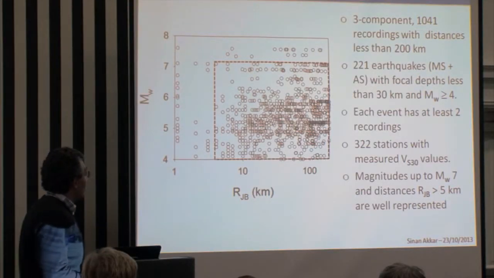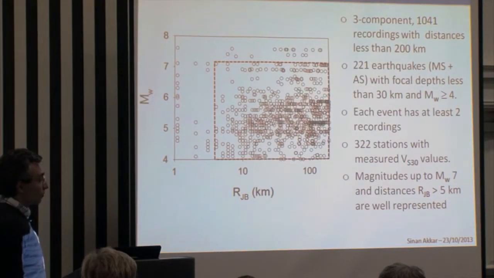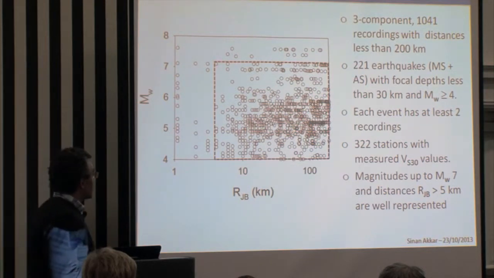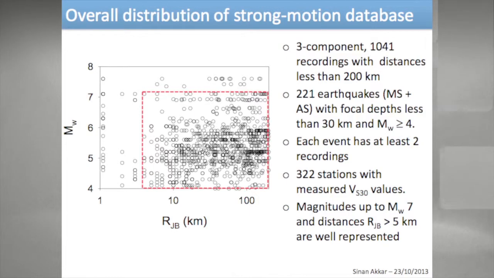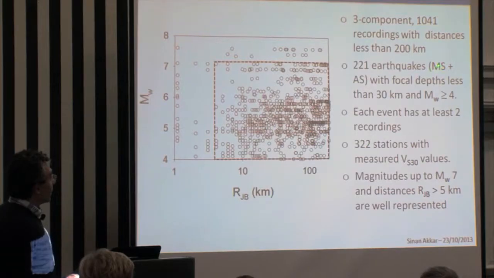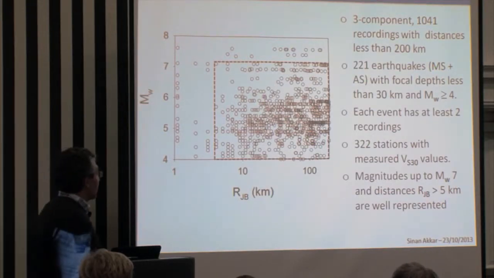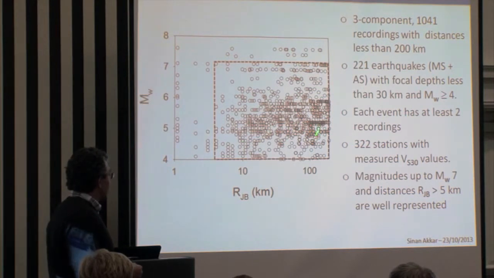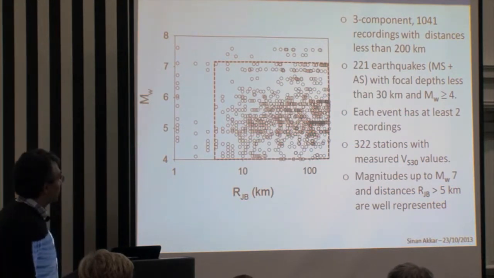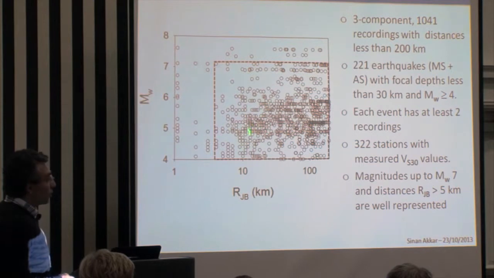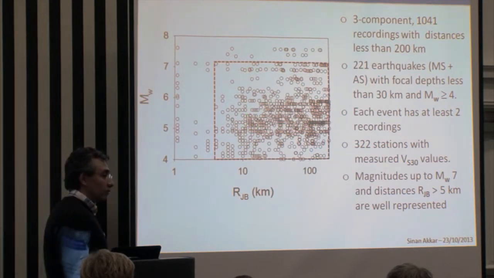Okay, so this is the ground motion database we used. Essentially, all the recordings have 3 components. As I told you, we're using data a little bit over 1,000, and we're not making any difference between main shock and aftershock recordings. The focal depth of the entire database is less than 30 kilometers, and all the recordings have measured VS30 values.